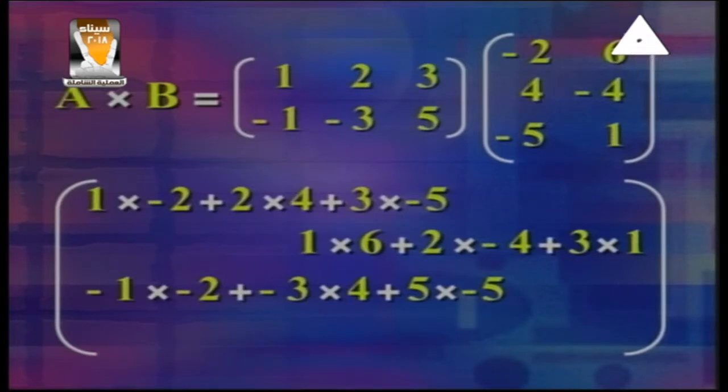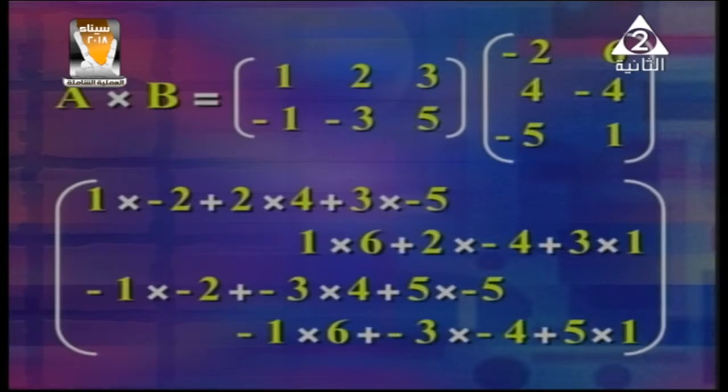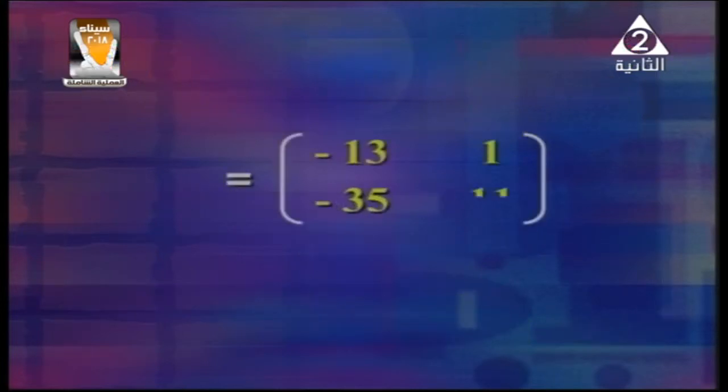The second row times the second column: negative 1 times 6, negative 3 times negative 4, 5 times 1, and calculate. This is the product of the two matrices A and B.